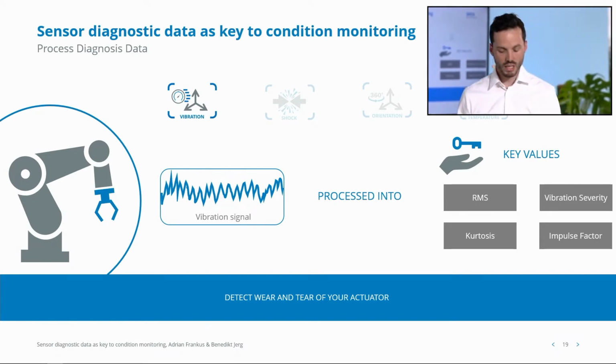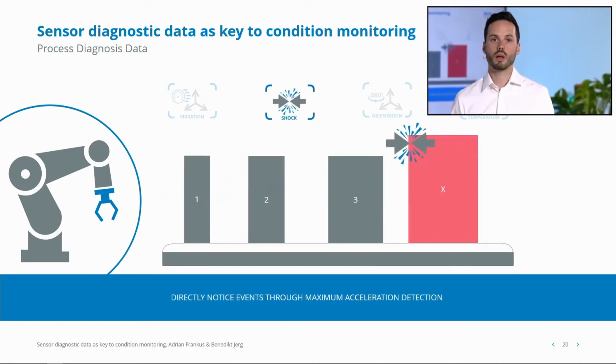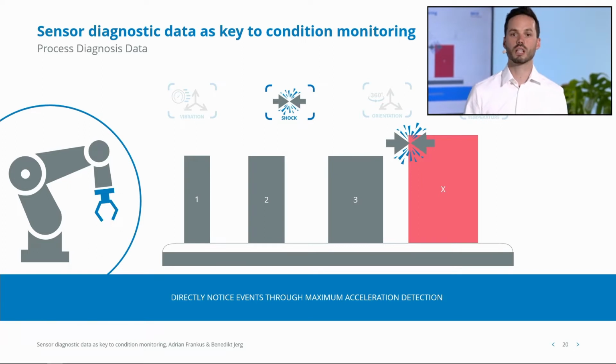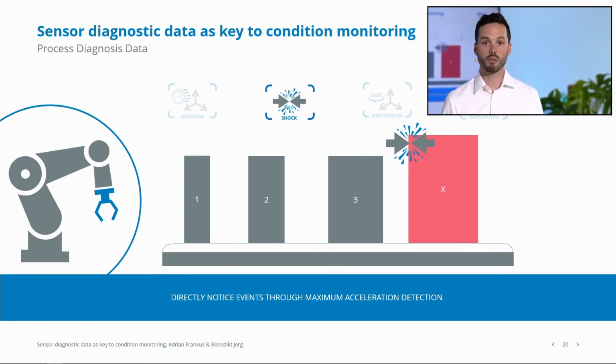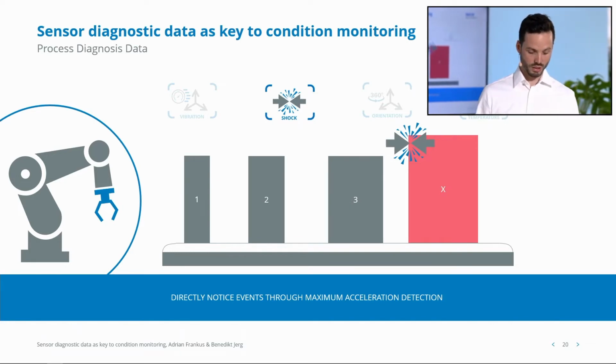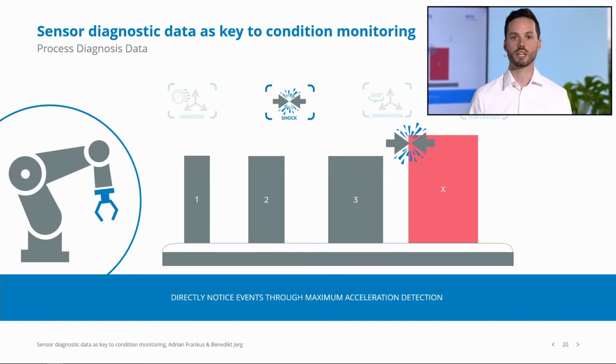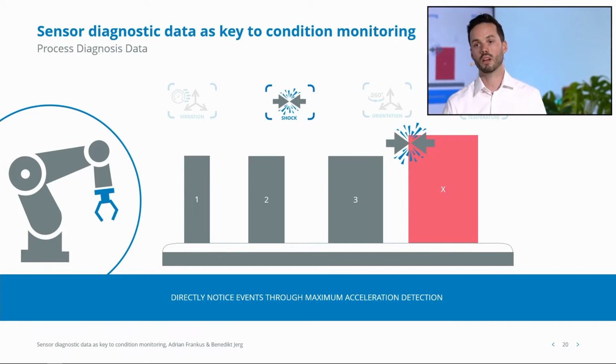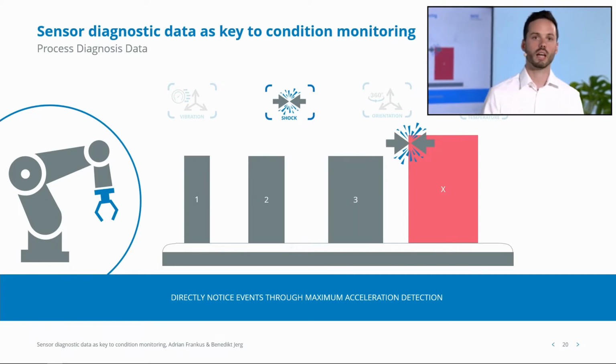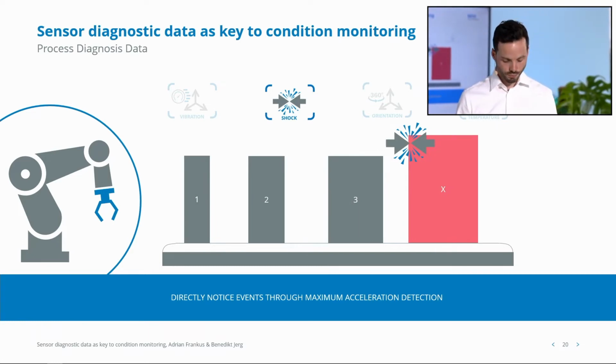The next information is the shock. Downtimes or malfunctions result from unforeseen shock during the assembly process. Therefore, the MPS-G monitors the maximum acceleration detections and therefore can display shocks and monitor the condition.